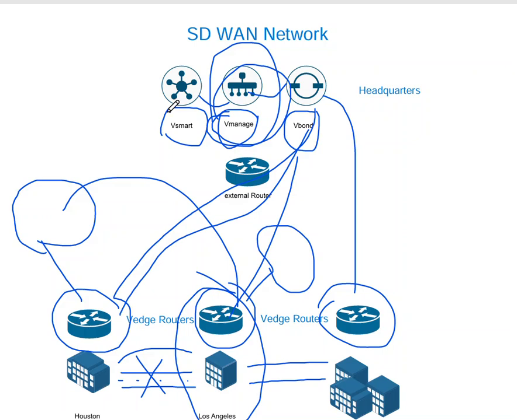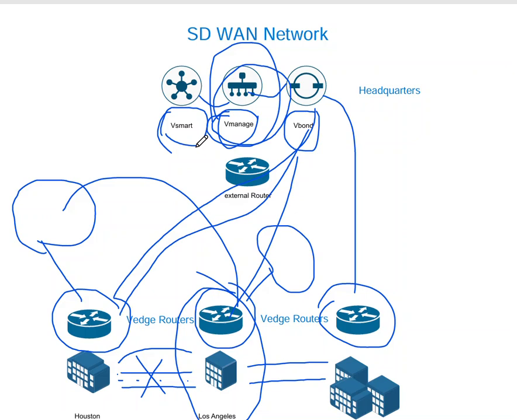And finally, we talk about the vSmart, which is a traffic manager. The vSmart decides the best route for data to travel between sites, and if there is a direct tunnel, if you like, or a direct highway between Houston and Los Angeles, vSmart will decide if it's proper for the information to travel through that highway or take another route.